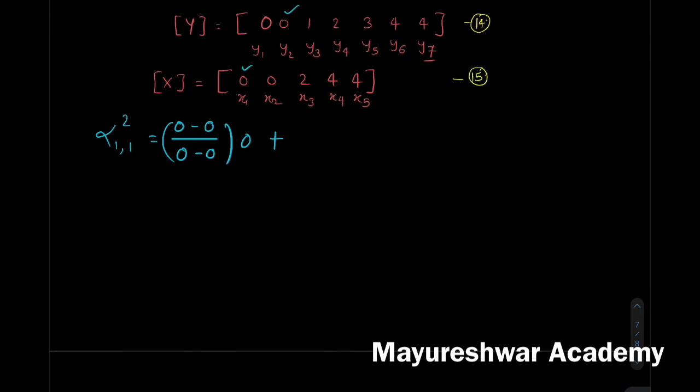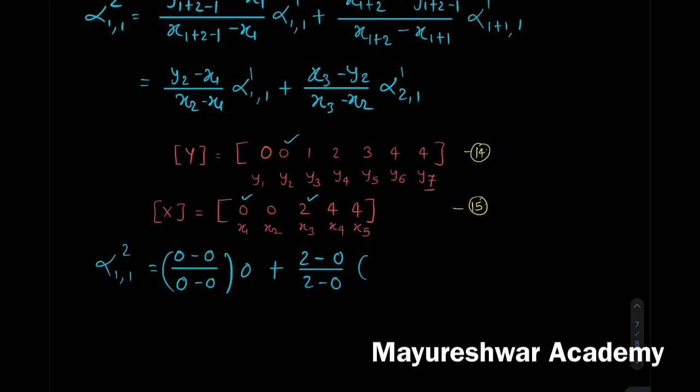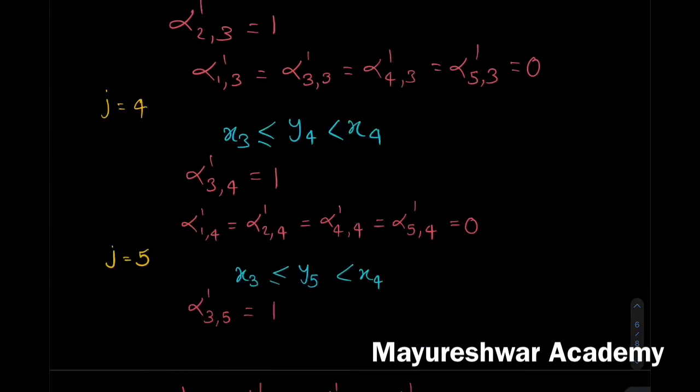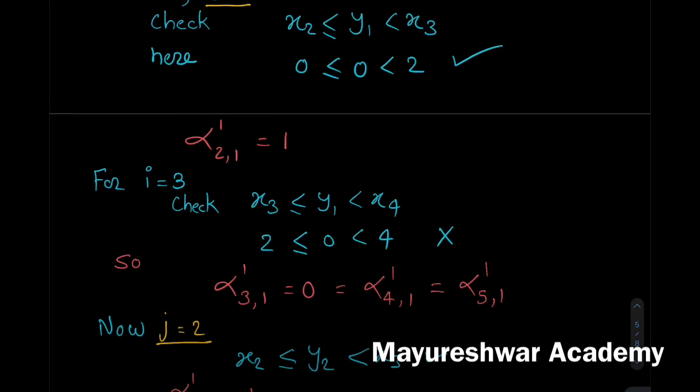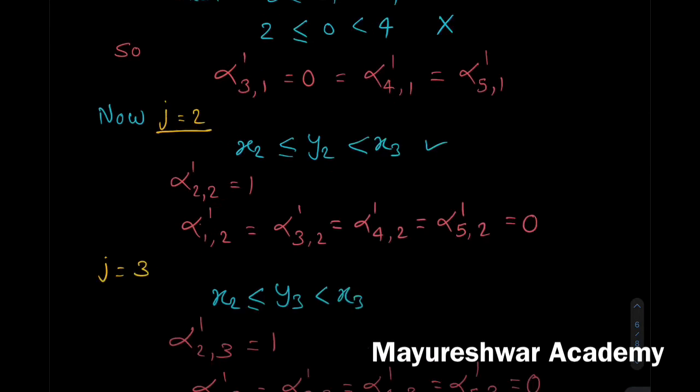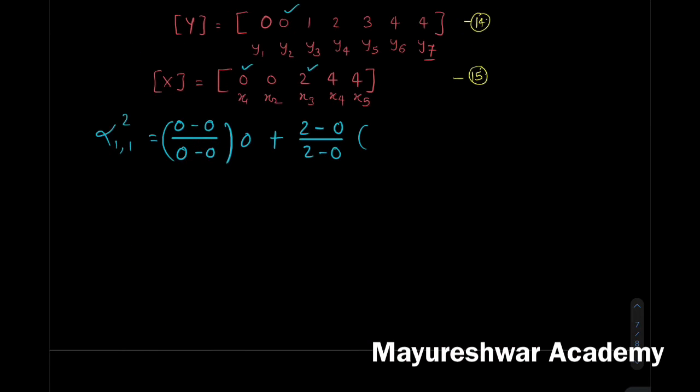Then the second term, which is x3 minus 0 y2, and x3, which is 2 minus 0, and alpha 2 comma 1, so we need to check whether 2 comma 1 has any value. Yes, it has unit value, so let us substitute there. Okay, so we get this alpha 1 comma 1 as unit value.